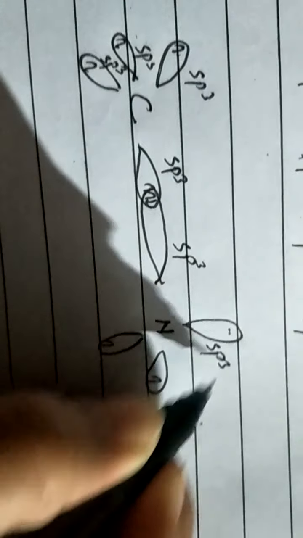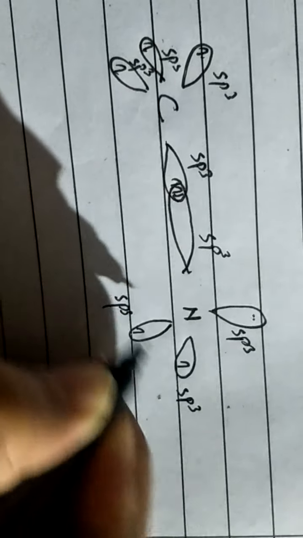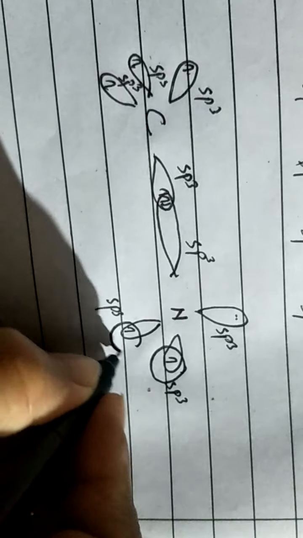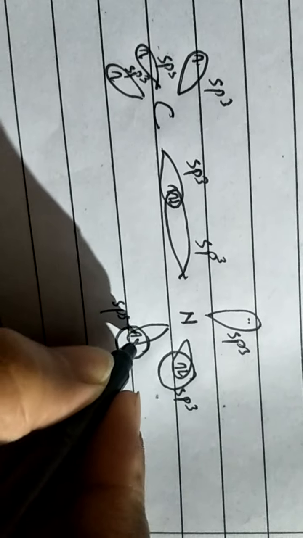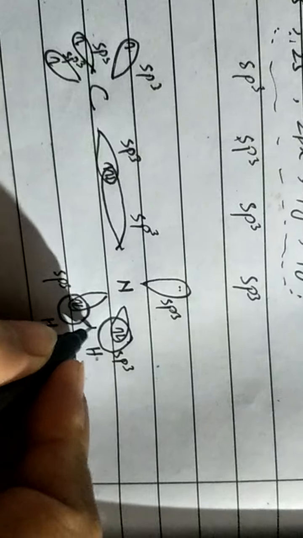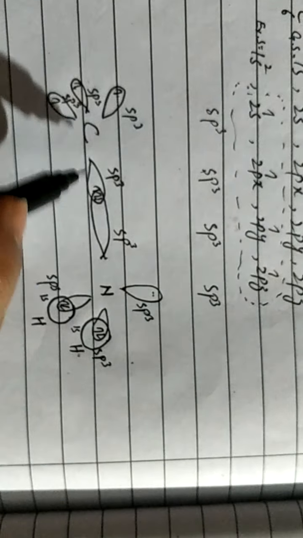This one also sp3 and sp3. These will overlap with the 1s orbital of hydrogen. The sp3 hybrid orbital of nitrogen and the sp3 hybrid orbital of carbon will linearly overlap and form a sigma bond, just like this.